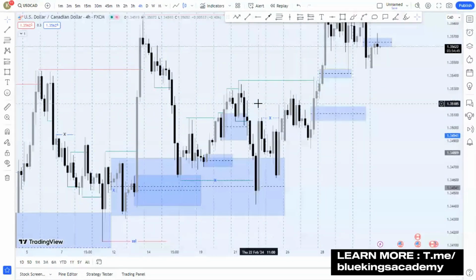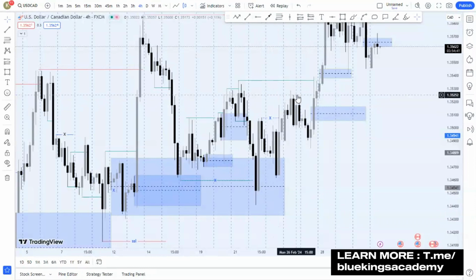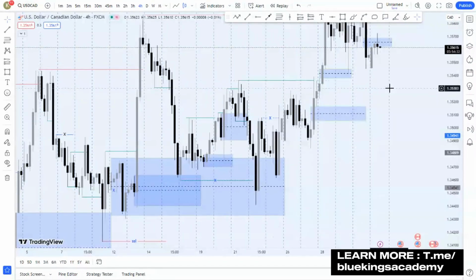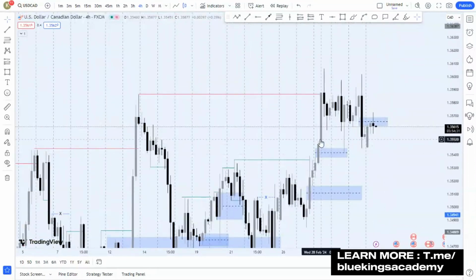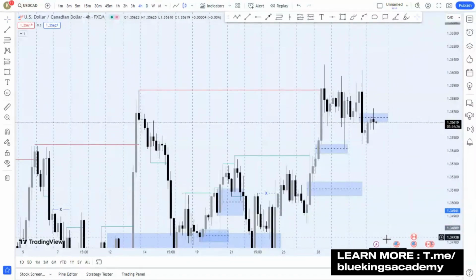So it means 22nd, I'm skipping, 23rd, I'm skipping. I'm not trading this pair. I look for something else to trade. 26th, I'm not trading. 27th, I'm not trading. 28th, I'm not trading. 29th, that's when I'll trade this.